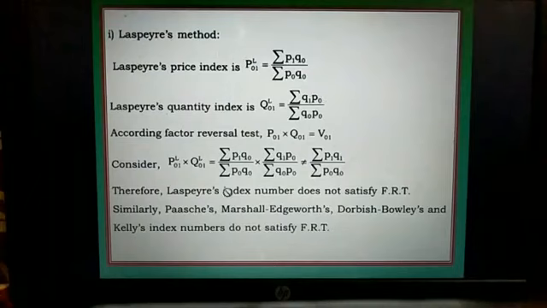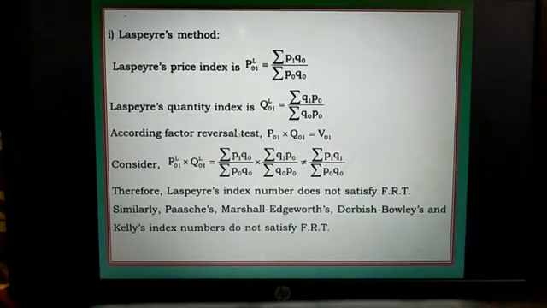In similar lines, consider Paasche's, Marshall-Edgeworth's, Dorbish-Bowley's and Kelly's index numbers. First write the price index number, next the quantity index number, then multiply those two and check whether it results in the value index number.